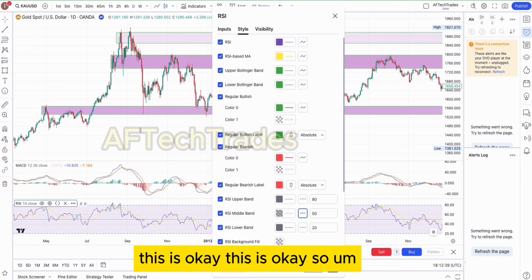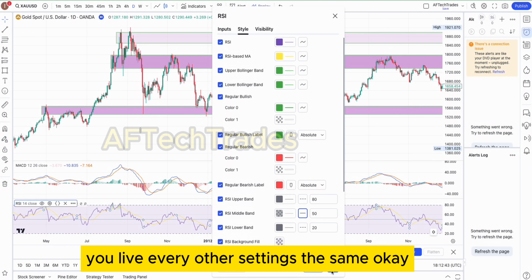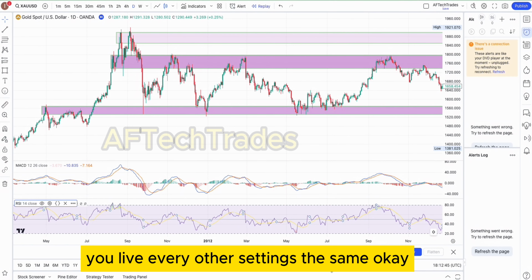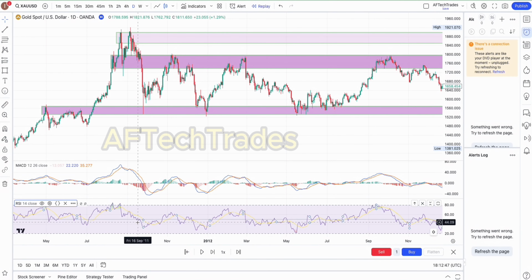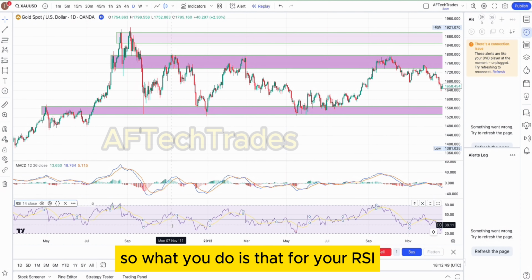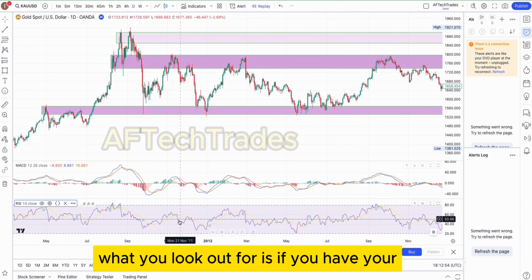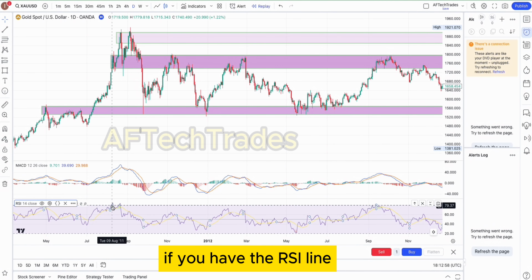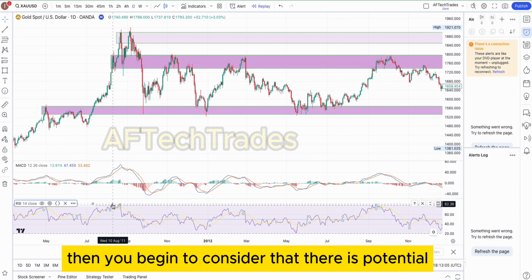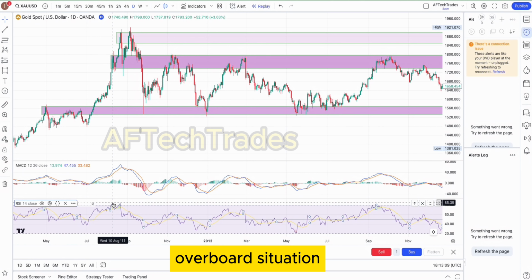So yes, any other thing, you leave every other setting the same. Okay. So what you do is that for your RSI, what you look out for is if you have the RSI line crossing over the 80, then you begin to consider that there is a potential overbought situation.